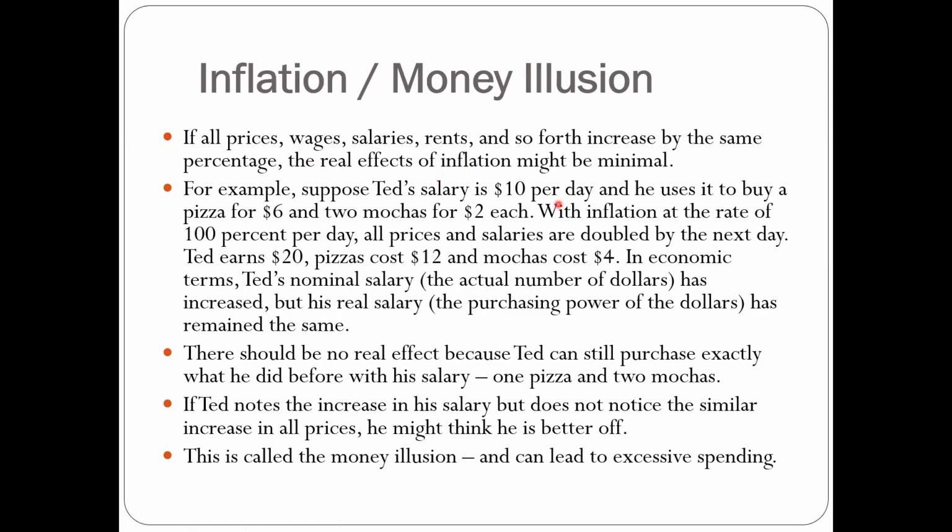If Ted's salary is $10 per day and he buys a pizza for $6 and two mochas for $2, with an inflation rate of 100% per day, all prices and salaries are doubled. This means that on the next day, Ted earns $20, which is $10 plus $10.